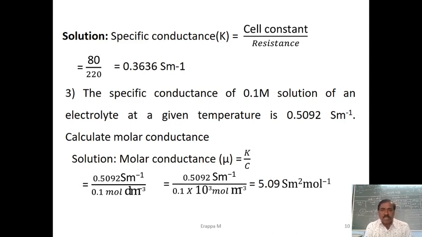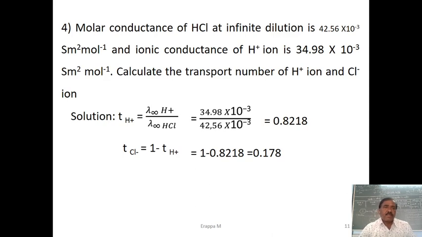You have to convert this into mole per meter cube, so that is 0.5092 Siemens per meter divided by 0.1 into 1000, or 10 to the power of 3, mole per meter cube. So that is equal to 5.09 Siemens meter square per mole, which is the unit of molar conductance.